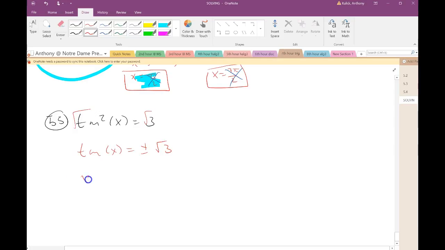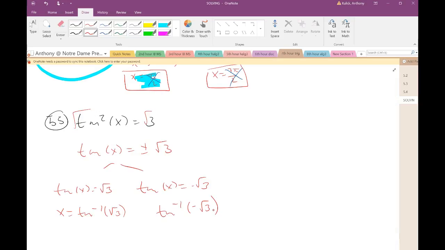And then if I do tan inverse of both sides, then I have to split this into 2. And then we'll do tan inverse of both sides. And this is a unit circle value.